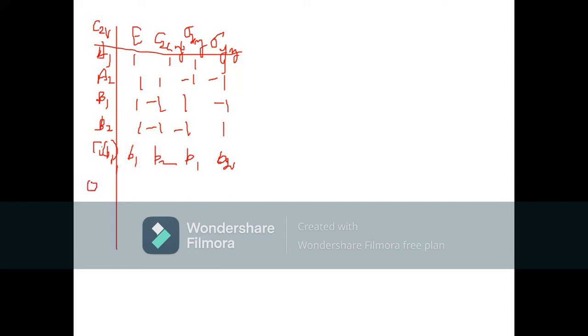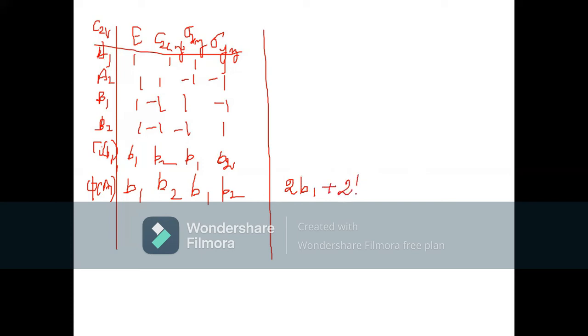Now my SALC corresponding to A1 symmetry will be B1 into 1, that is B1. I have to multiply this with the characters of A1, and then B2 into 1, that is B2, B1 into 1, that is B1, and B2 into 1, that is B2. So the total is nothing but 2B1 plus 2B2.